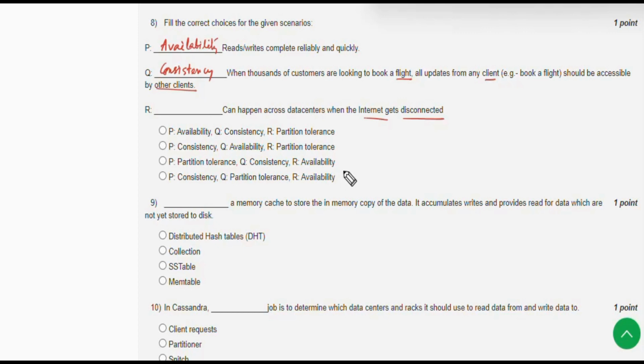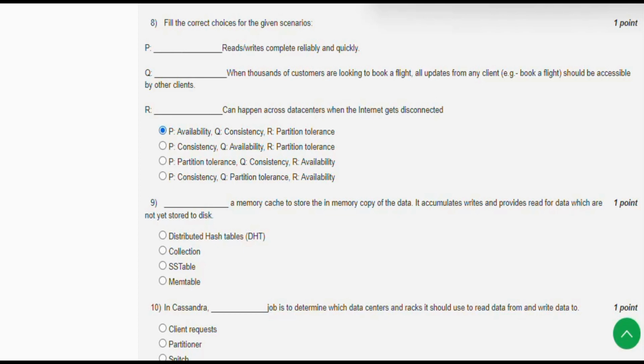And third one, partition tolerance can happen across the data centers when the internet gets disconnected. So option A will be the correct answer. Okay, so I select that one.